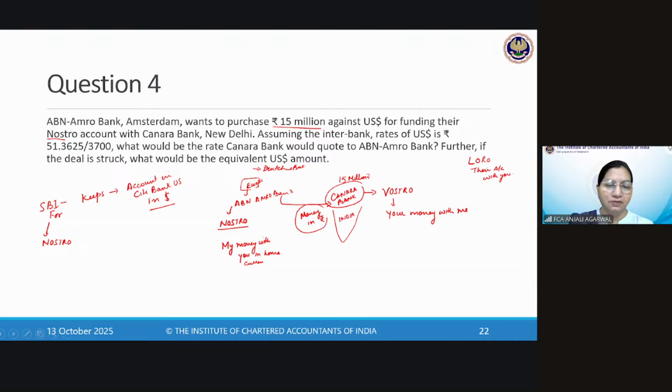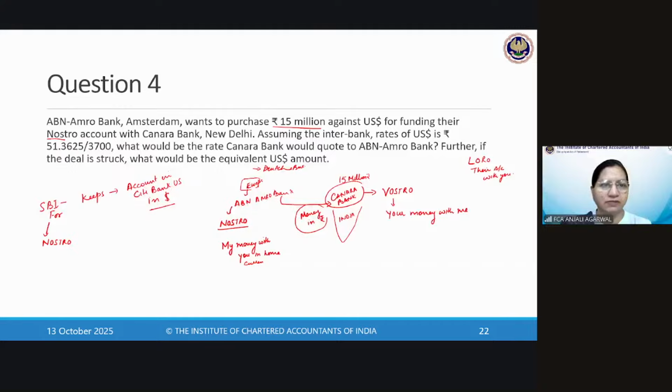So when I have my money with you in your country's currency, it's a Nostro for me and Vostro for you. Because you are saying your money with me. Whereas a Loro means their money with you. Okay. So this is a small concept. We'll talk about it in detail later also.